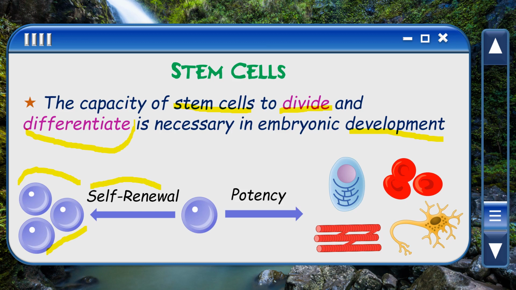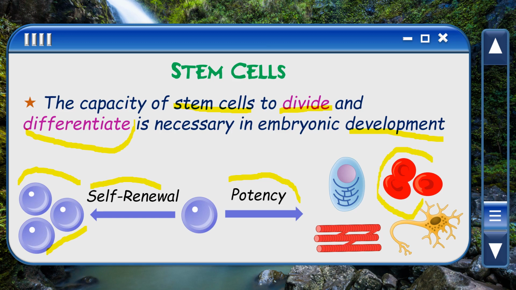Now these many cells will later on differentiate, what we are calling potency. They are stem cells, the same cells with the same genetic information and instruction, but now they have that capacity to differentiate and give us different types of cells.